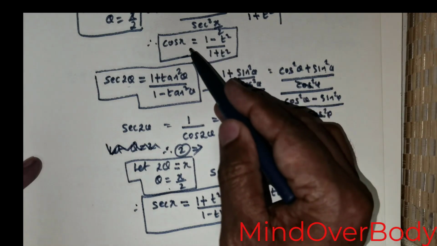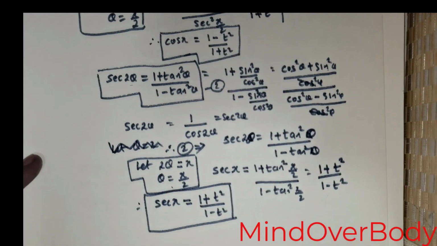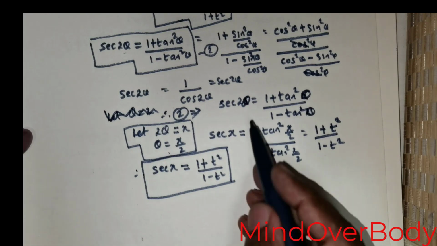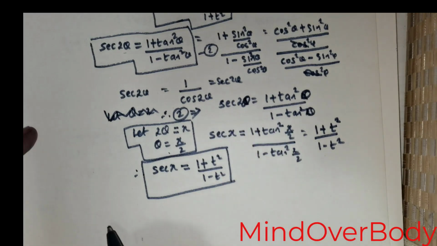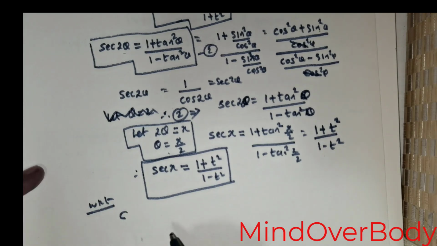Now we got cos x and we got sec x, so we need to find sec 2x. As I mentioned, there isn't anything we can do using this representation for sec 2θ. So I'm going to start off by using the representation for cos.